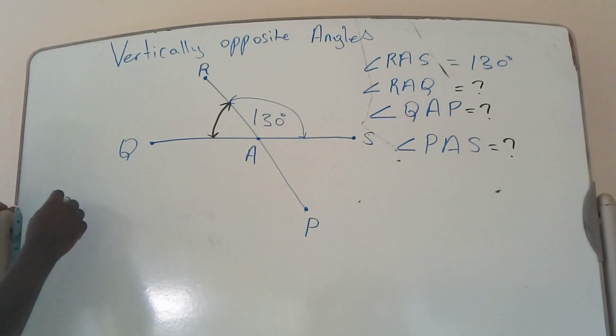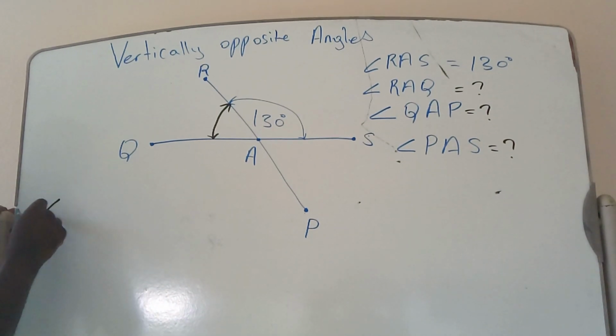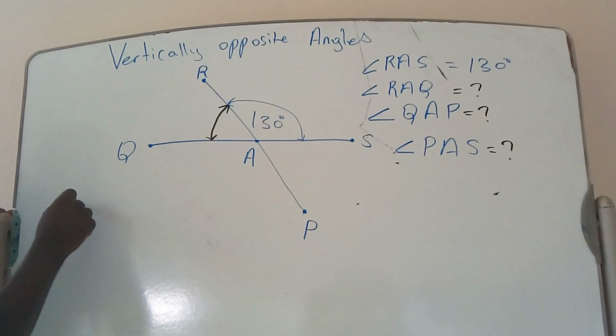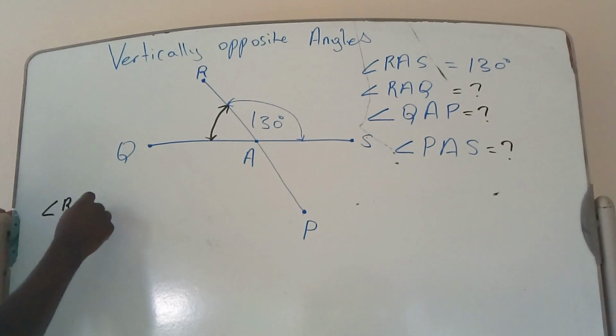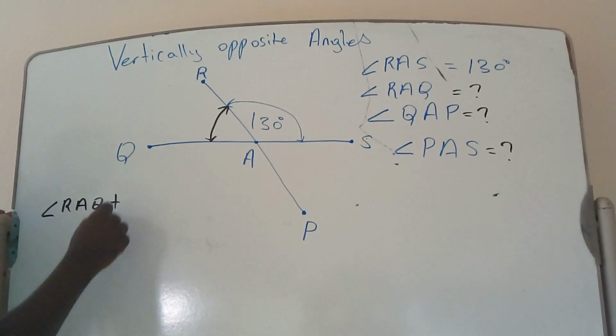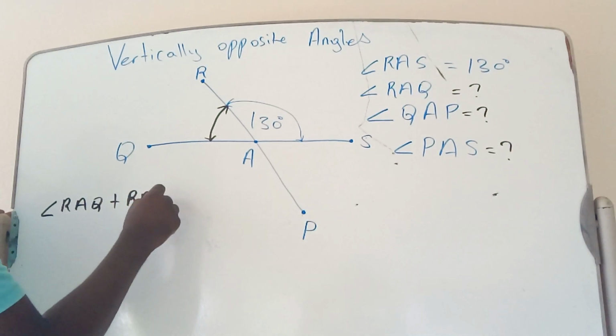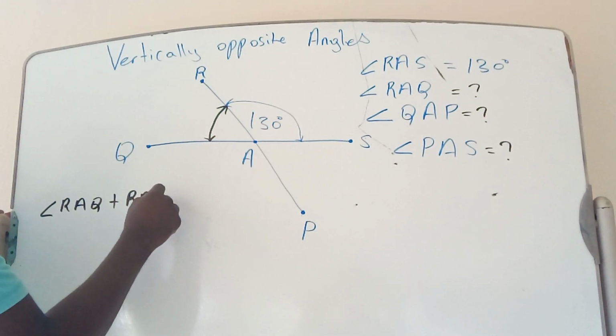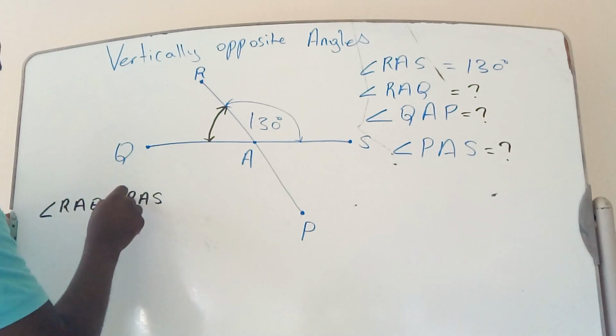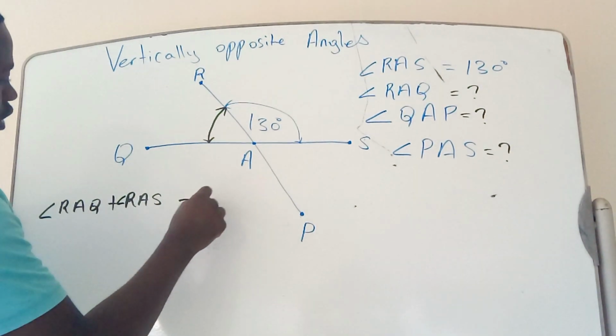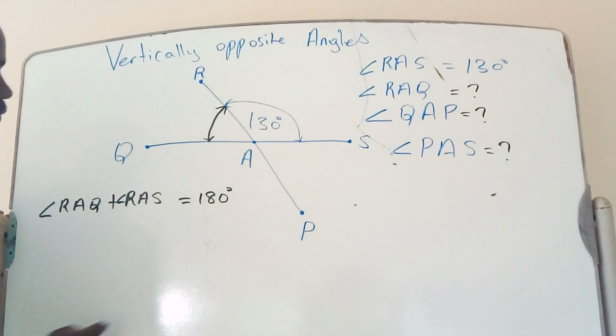Now, we know that angle RAQ plus angle RAS must equal 180 degrees.